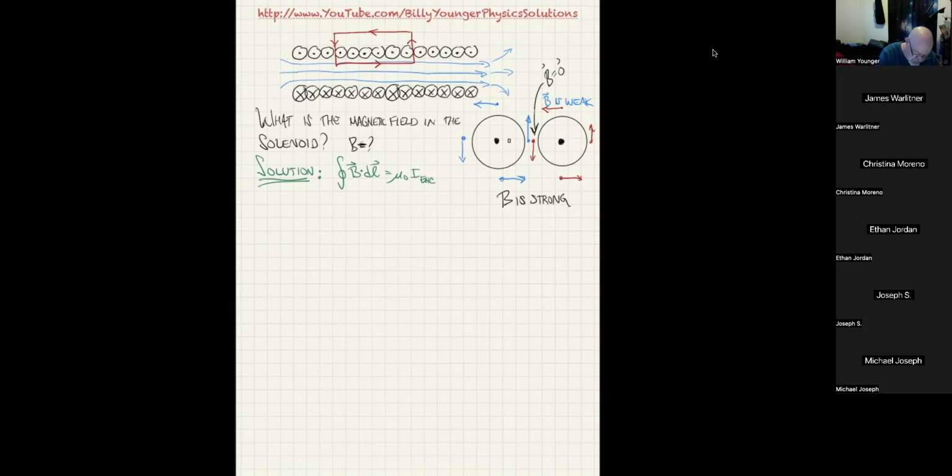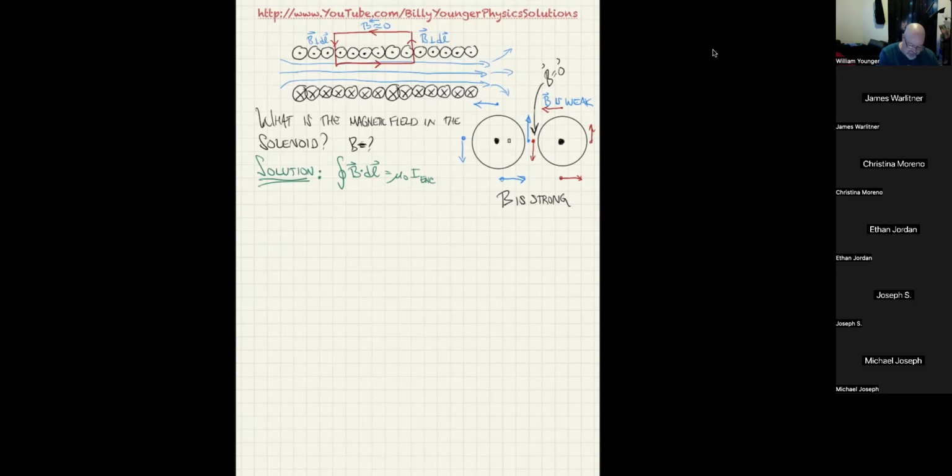So I'm going to write B is on the order of 0 out here. It does, however, point that way, so that's kind of helpful. B is essentially perpendicular to dl in this area, and B is perpendicular to dl in this area as well. So ultimately what we're going to get is obviously mostly nothing.